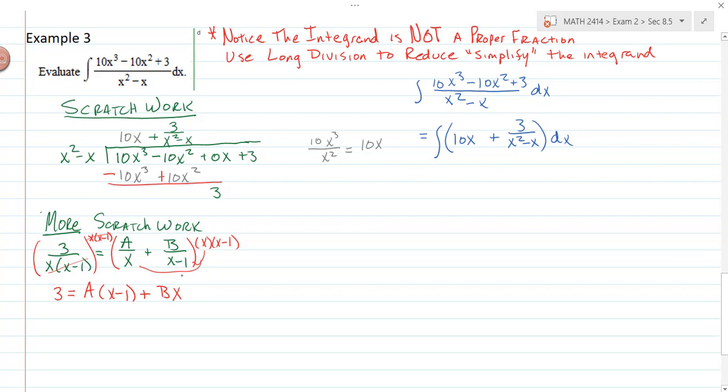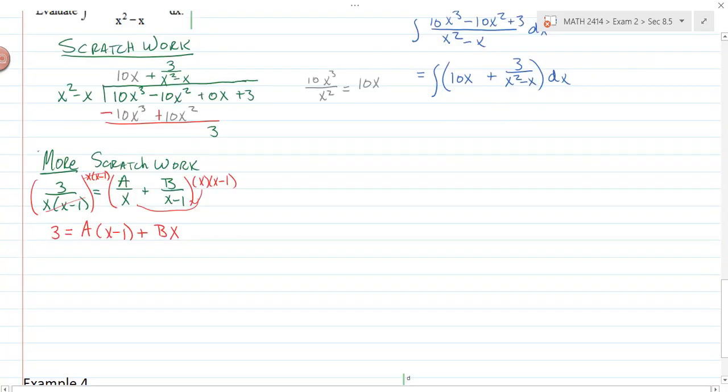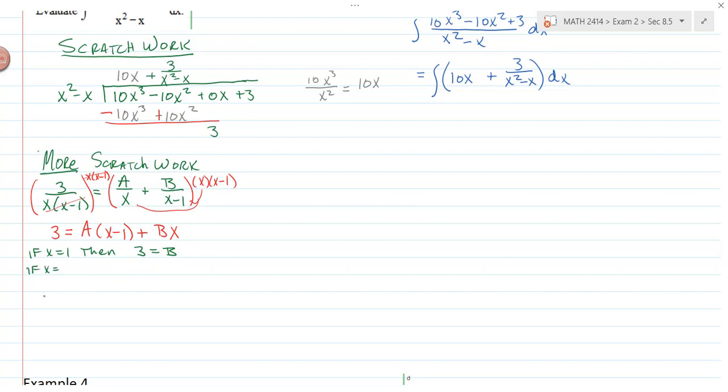Because that's our goal. We want to know what numbers we can plug in place of a and b so I can expand this fraction over here. We want to pick numbers to plug in for x so I can get equations in terms of a and b. What number should I use for x? 1. All right, so if x is equal to 1, then what am I left with? 3 equals b. Boom, we've solved for b. What other number can I use? 0. 0's good.